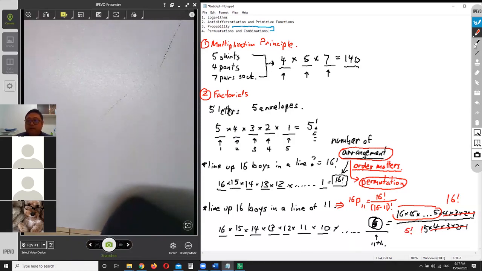Okay, so if we were to count 11 positions, right? This is the first position, second position, third position. When we get to the 11th position, what number would we put in here? Well, let's have a think.